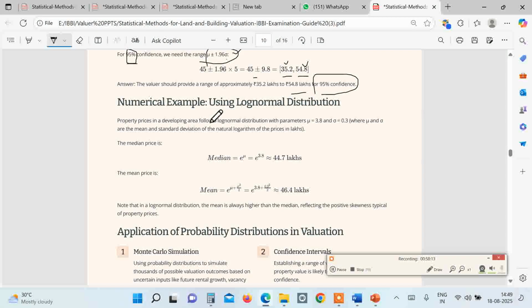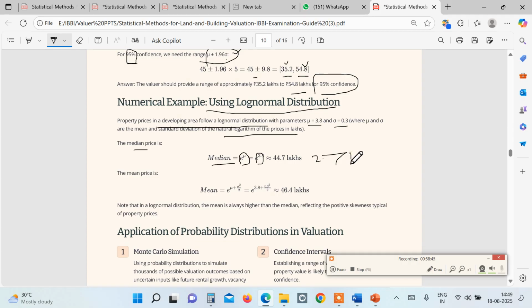Now we will take an example using the log normal distribution. Property prices in a developing area follow a log normal distribution with parameter mu equal to 3.8 and sigma equal to 0.3, where mu and sigma are the mean and standard deviation of the natural logarithm of prices in lakhs. The median price formula is e raised to power mu, which means e raised to power 3.8.